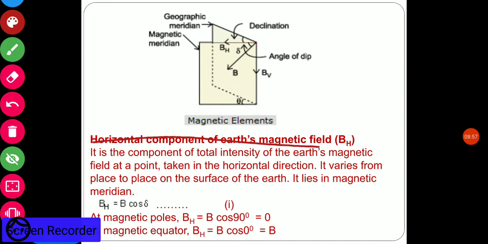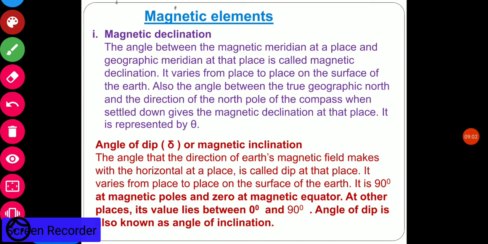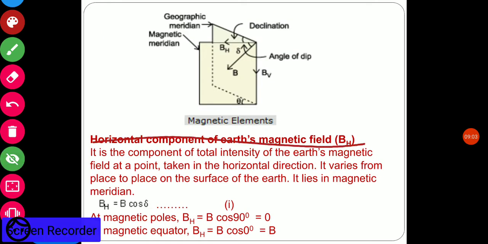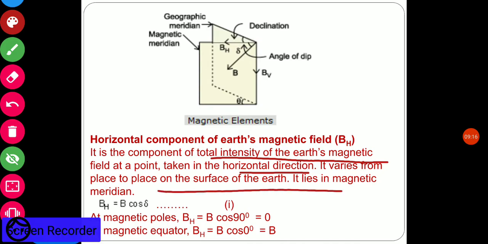Now the horizontal component of the Earth's magnetic field, or BH. It is the component of the total intensity of the Earth's magnetic field at a point taken in the horizontal direction. It varies from place to place on the surface of the Earth. It lies in the magnetic meridian.